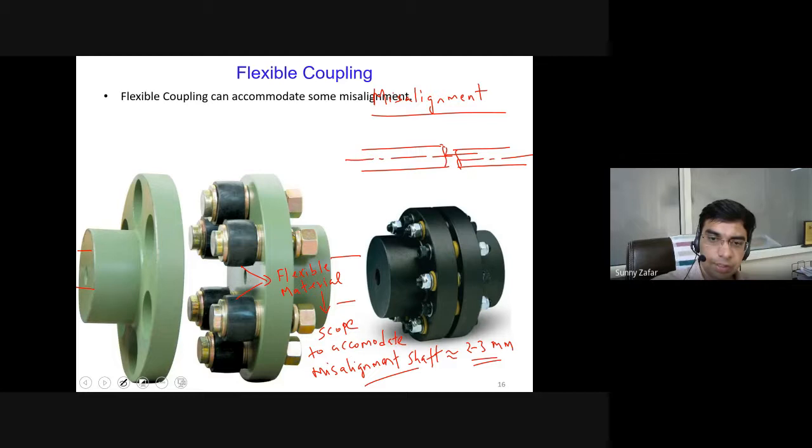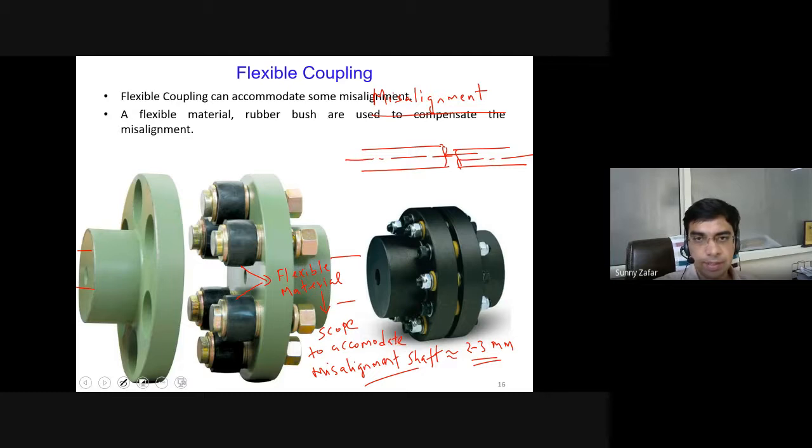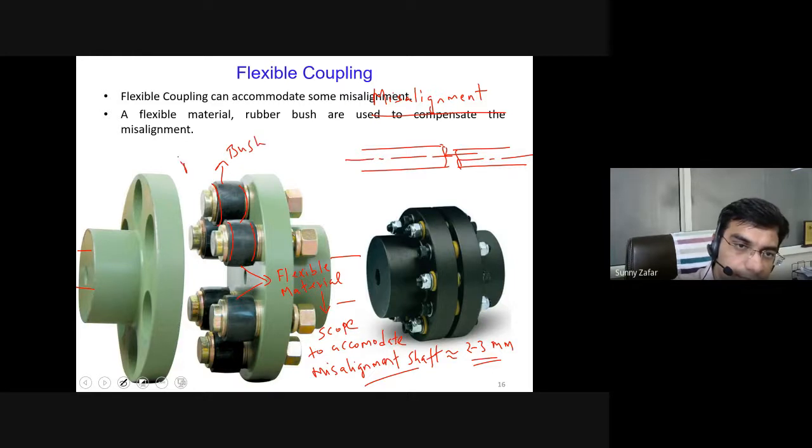So what is the conclusion? That this flexible coupling can accommodate the misalignment, with a flexible material like a rubber bush. When this rubber is covering this bolt, we simply won't call it rubber, but the exact terminology is the bush. And this bush is made up of rubber, so the exact name is rubber bush.